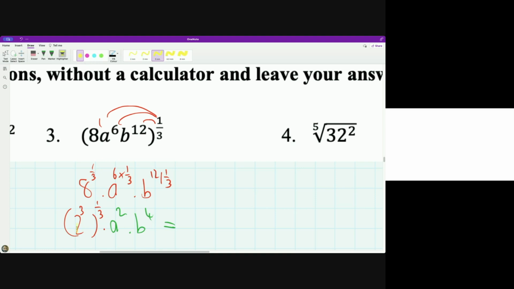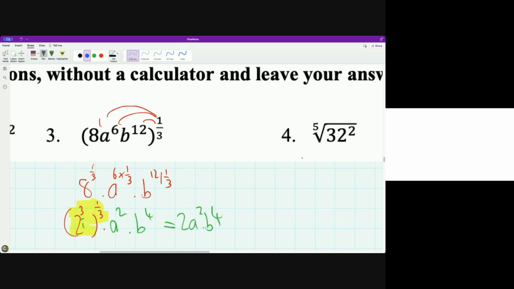What is this final thing here going to become? I think that this is just going to become 3 over 4. So that becomes 2a squared b to the 4.